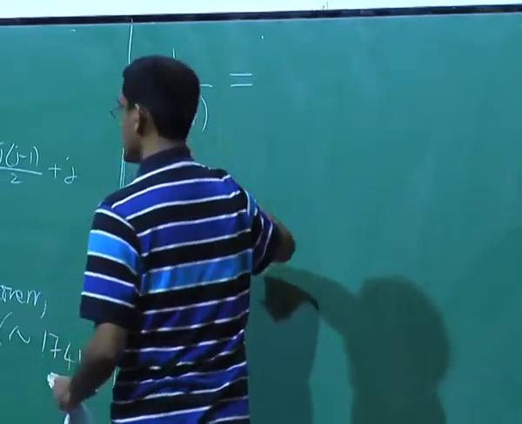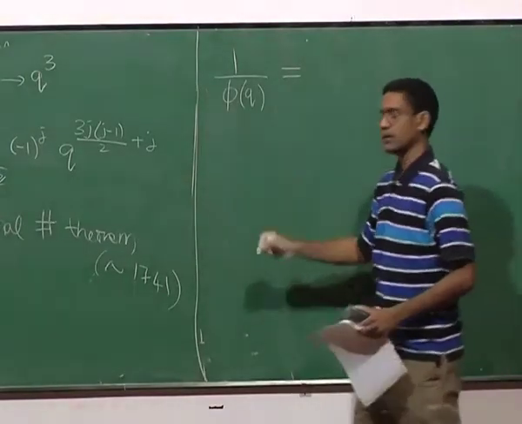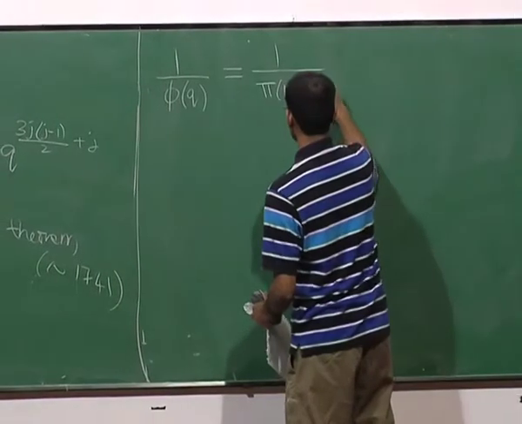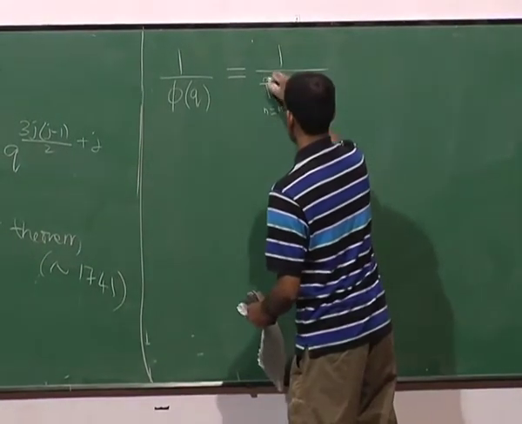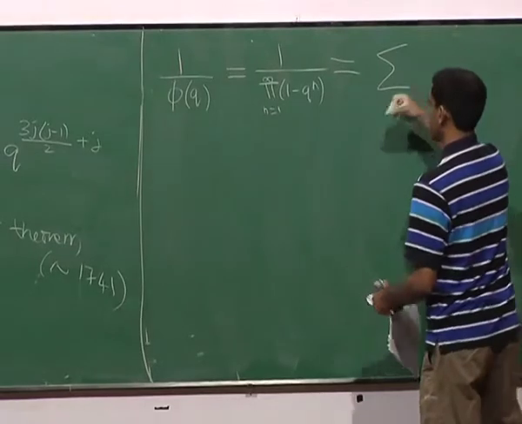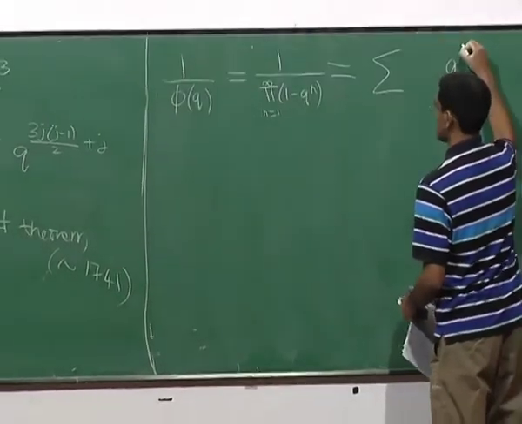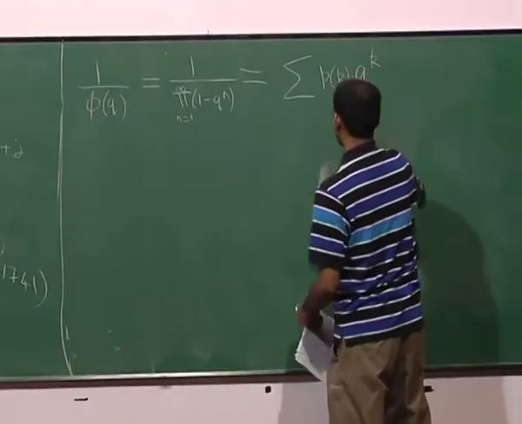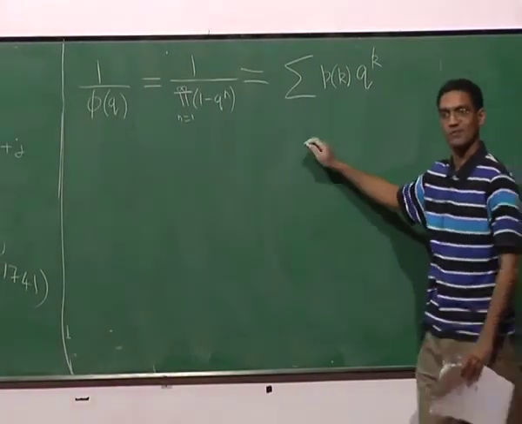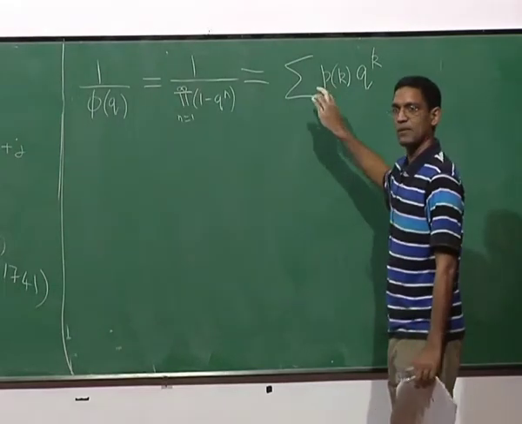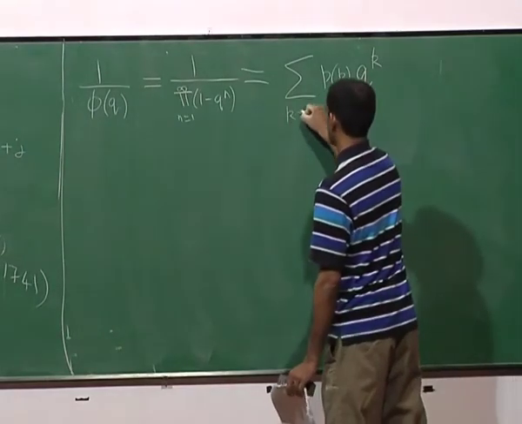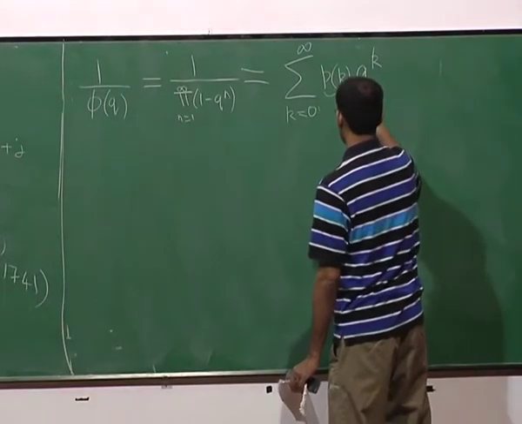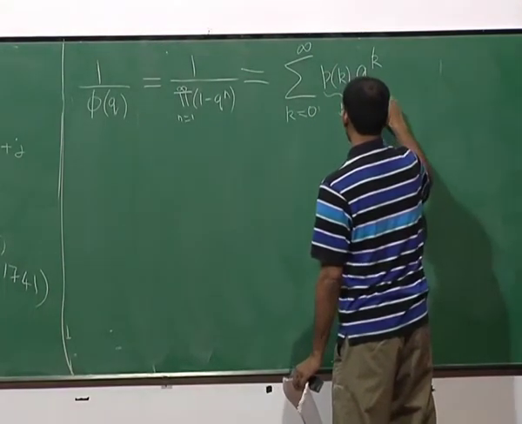If you take 1 over phi q, meaning you compute 1 over this product, and you try to expand this in powers of q, the coefficients are precisely things that Surya Ramana will talk about this afternoon. They are just the number of partitions of k, where k goes from 0 to infinity. So this number p of k is the number of partitions.